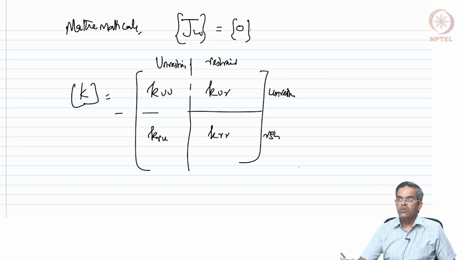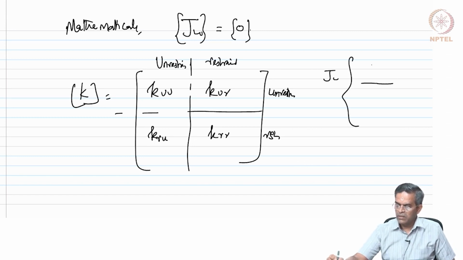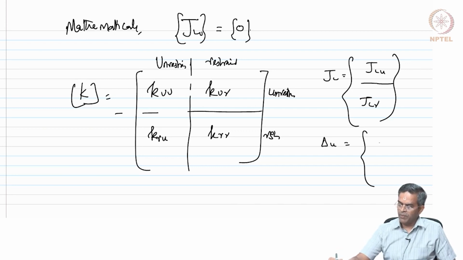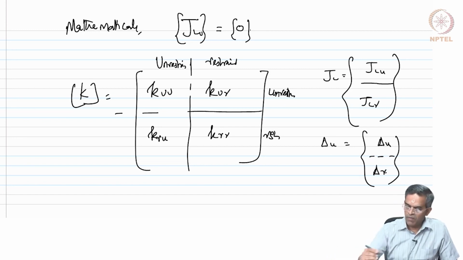We also know the joint load can also be partitioned as JLU and JLR. U stands for unrestrained. Okay. And the displacements can also be partitioned, unrestrained displacements and restrained displacements. Restrained displacements anyway will be equal to 0.